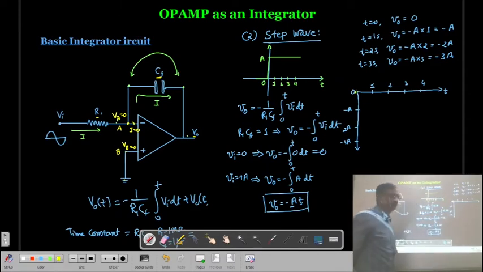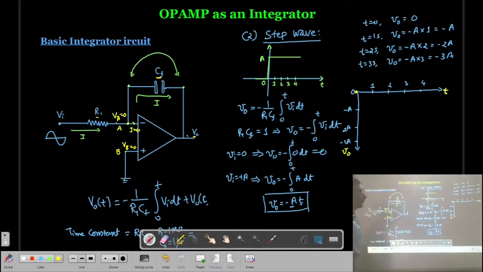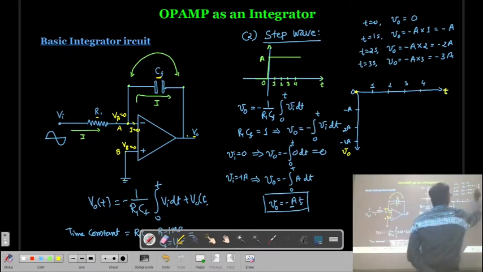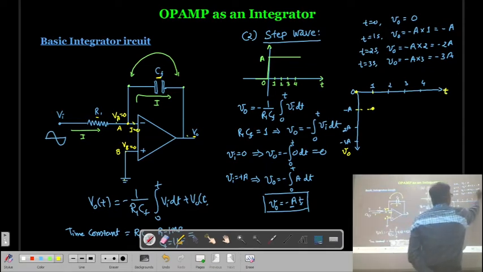This point will be there. This is the output voltage axis. Remember, this is the time t axis. For t equal to 1 second, output voltage is minus A. So here we have this point of minus A. For 2 seconds, output voltage is minus 2A. So for 3 seconds, output voltage is minus 3A. Right?